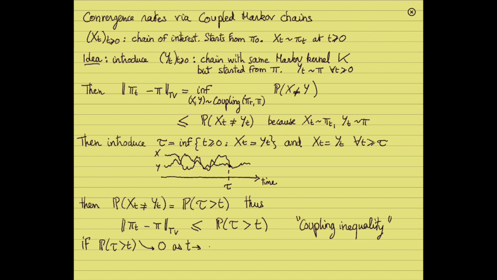And so if that right-hand side goes to 0 as t goes to infinity, then we obtain a rate of convergence in total variation distance of the chain to stationarity. So we obtain an upper bound on the convergence of the chain.